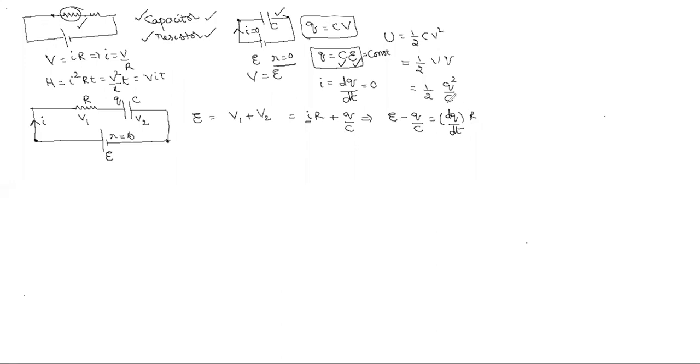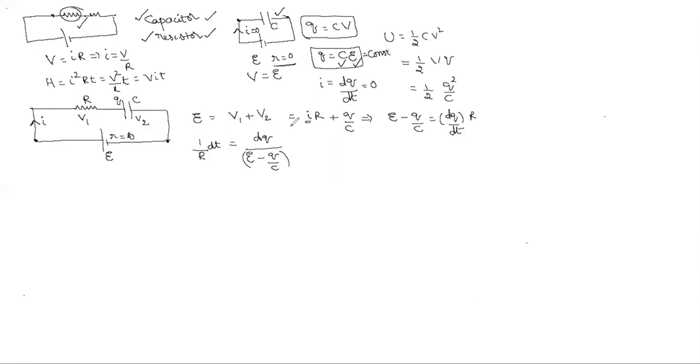Here, can I bring all the Q terms to one hand and the rest of the terms to the other hand? Can I write this equation like 1 by R into dt on the left-hand side, and on the right-hand side dQ by E minus Q by C? Will you accept this one?